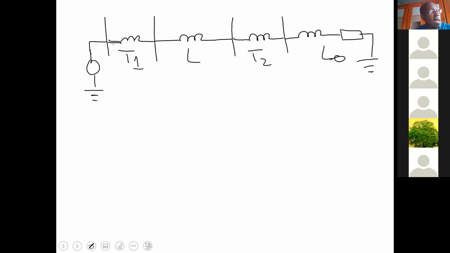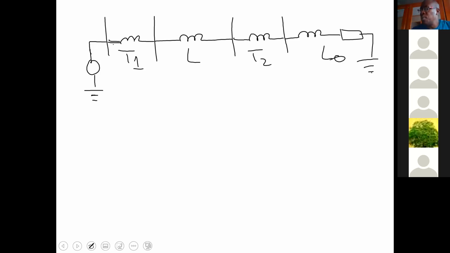Have you accessed the question on Schoology as yet? So first of all, we are told that the base voltage in zone 1 is 240.